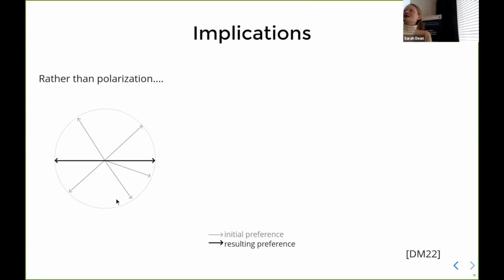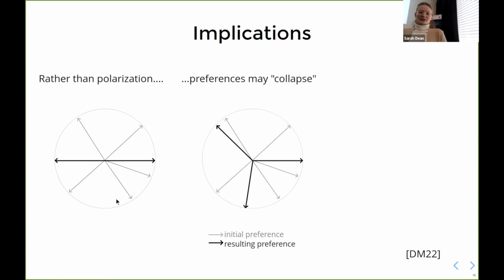Polarization comes up in the context that everybody sees the exact same content and either really disagrees or really agrees. That's not really an issue if we personalize, because we don't have everybody reacting to exactly the same content. Instead, maybe we have some kind of local polarization or local preference collapse where people are drawn towards whatever is convenient to recommend to them, and that's where they land.